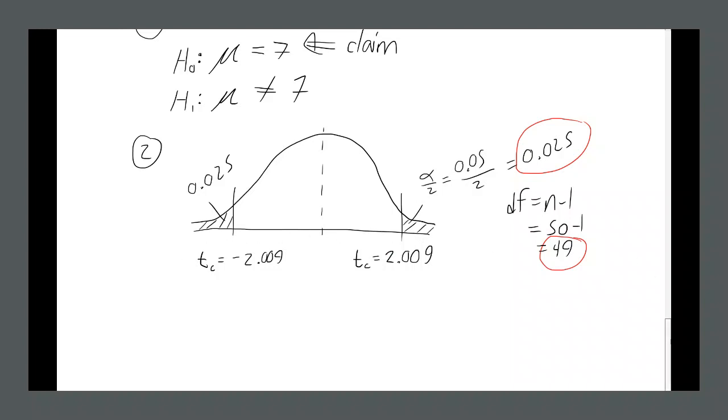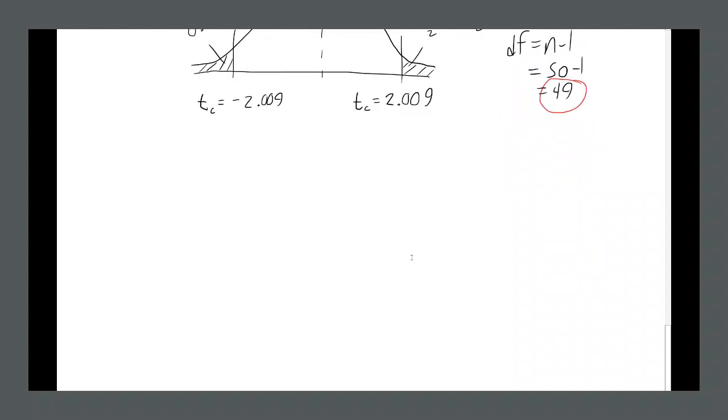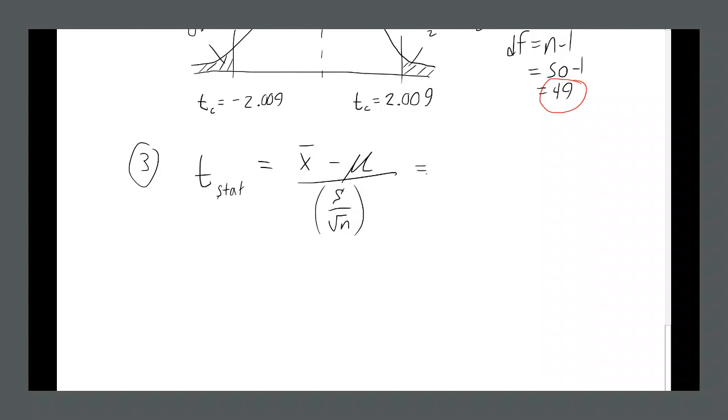Then the next step is to calculate the test statistic and to see whether it reaches our critical values or not. Our test statistic is going to be our sample mean, x bar, minus mu, divided by standard deviation over the square root of n.